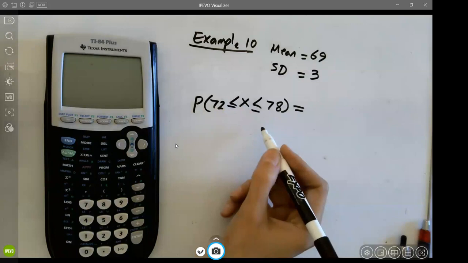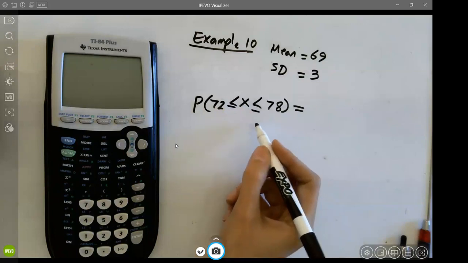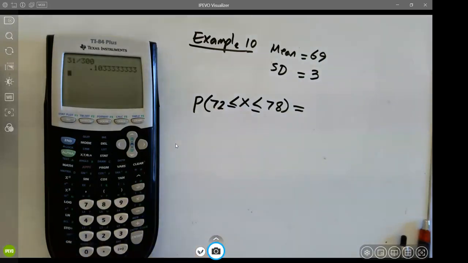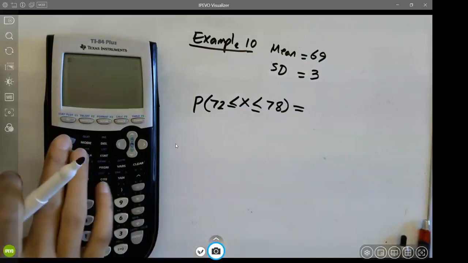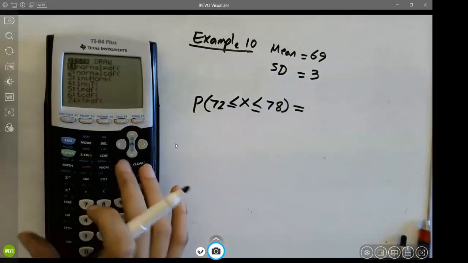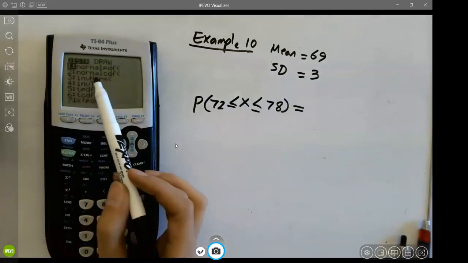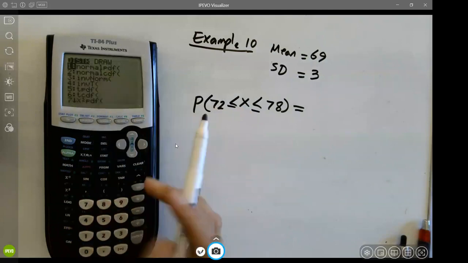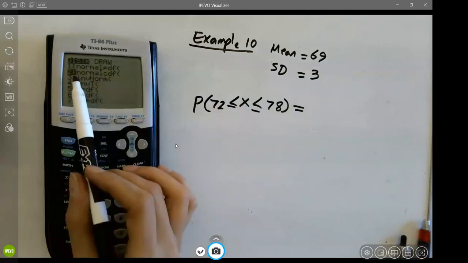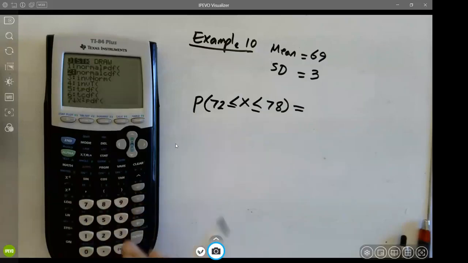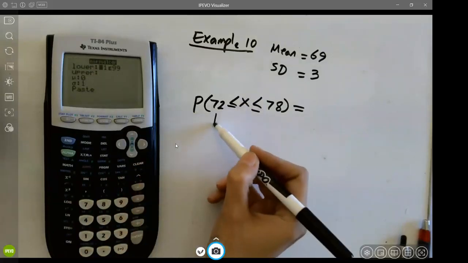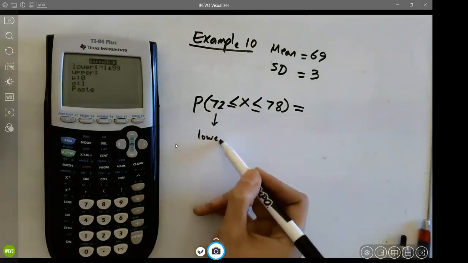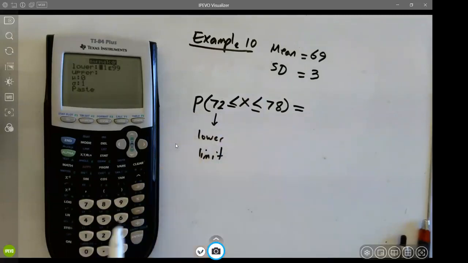What is the probability? Well, turn on your calculator. Go to second VARS. We need to find normal CDF. Our lower limit is 72. So we're going to write 72.